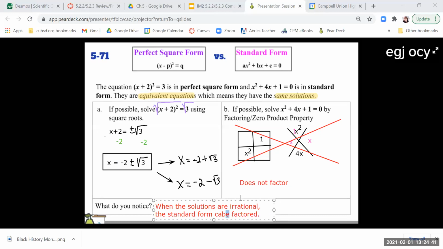Oops, that's supposed to be can't. I don't know where that came from. Okay, here, can't be factored.